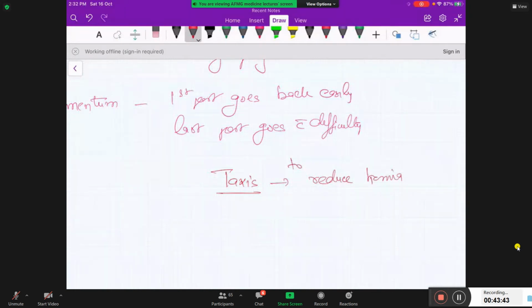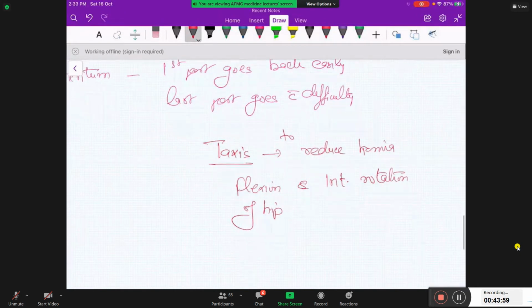And what we do in this PLSS, we do flexion and internal rotation of the hip.